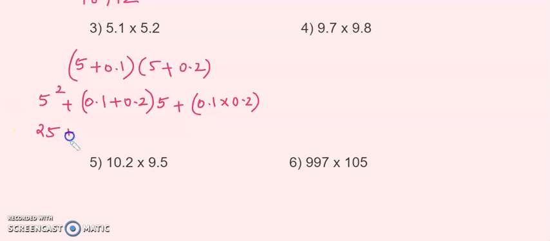It's 25 plus 0.1 and 0.2 is 0.3. 0.3 multiplied by 5 is 1.5, plus 0.02. So I'll get the answer as 26.52. Right?